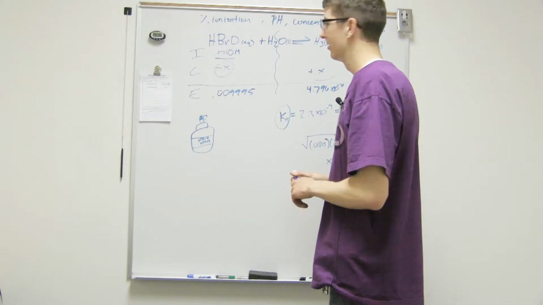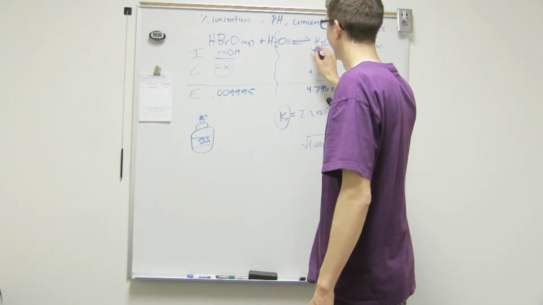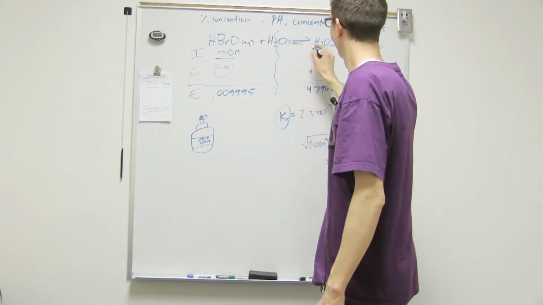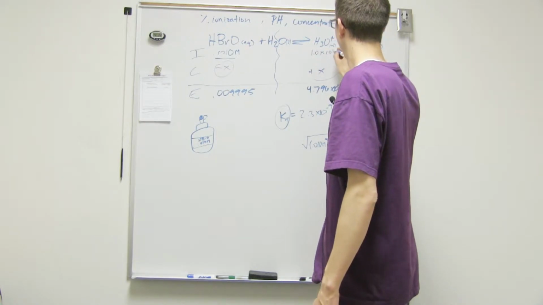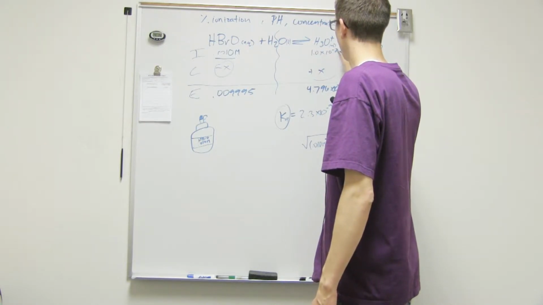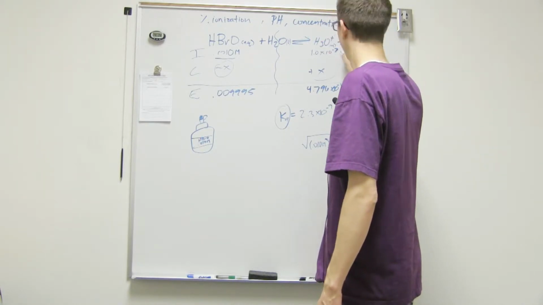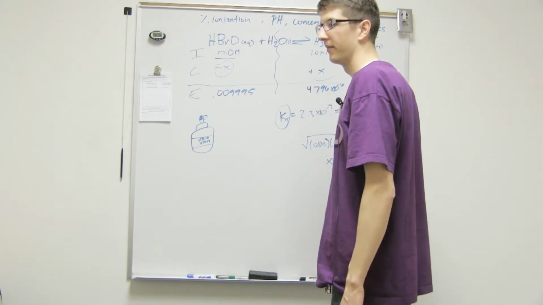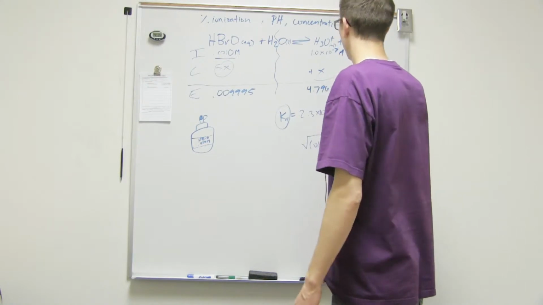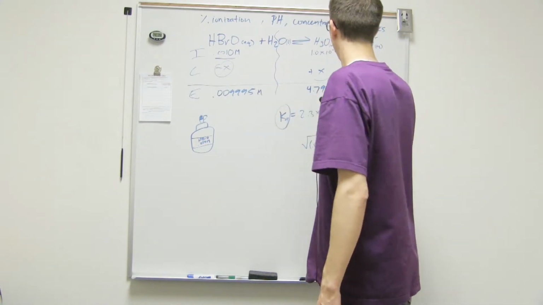I'm not sure. Wait, no, I know what it is. It's 1 times 10 to the negative 7. Good. And what are the units? That's a trickier one. pH? Molarity. Okay. So, by the way, these are all molarity, right?